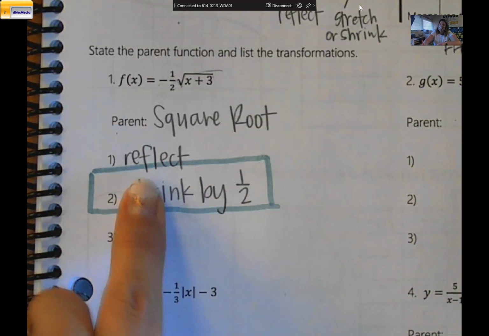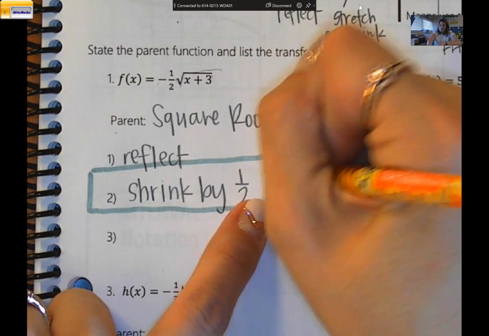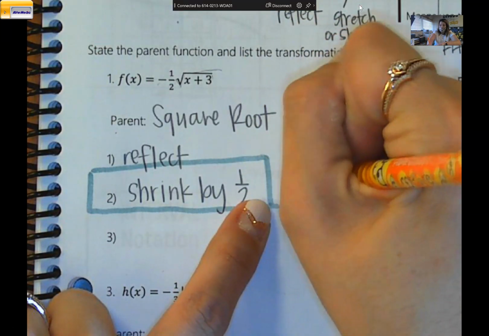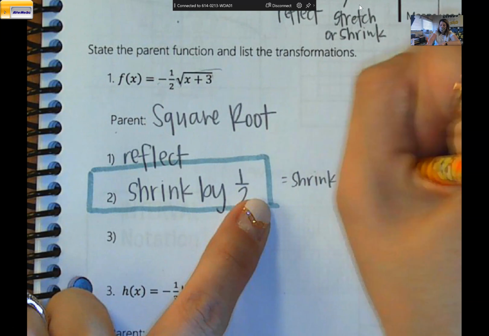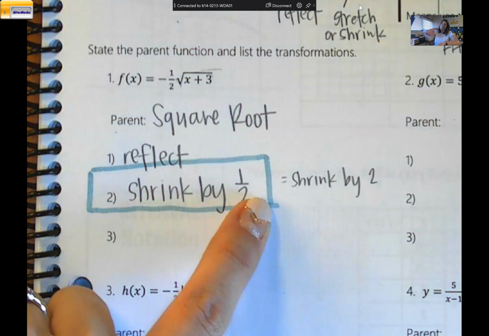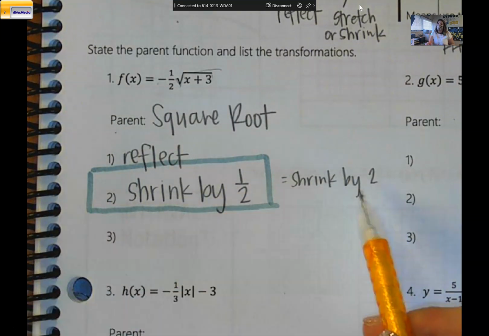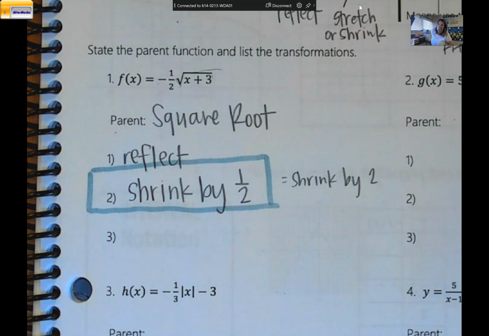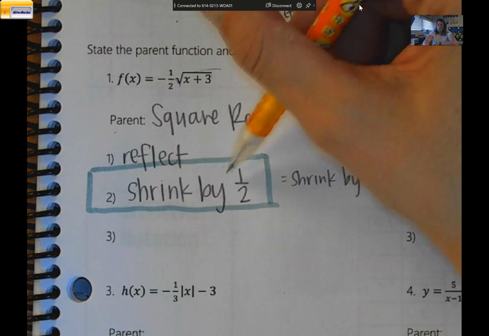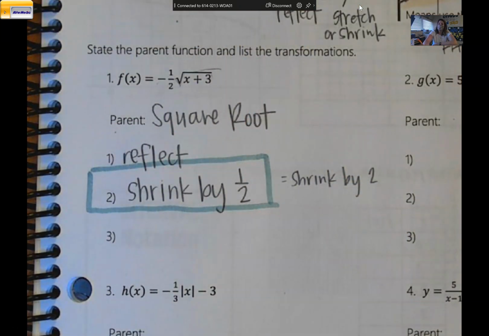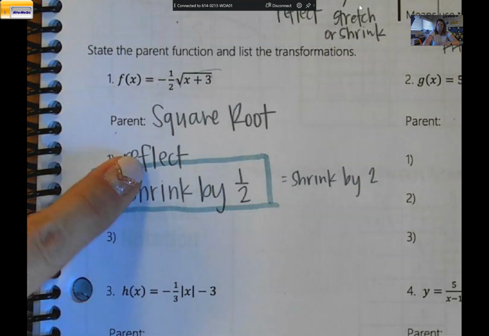So I say a shrink by 1/2. Sometimes you'll see this written as shrink by 2. Whenever it is a shrink, you have to make it a fraction. So if it does say shrink by 2, you have to write it as 1/2. The other thing that I want you to notice is that I didn't put the negative on it. It's not a shrink by negative 1/2. It's a shrink by 1/2. The negative tells you to reflect.